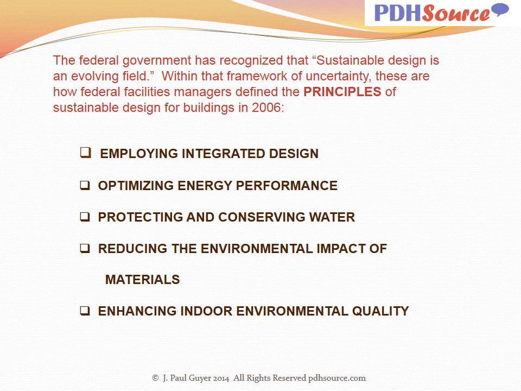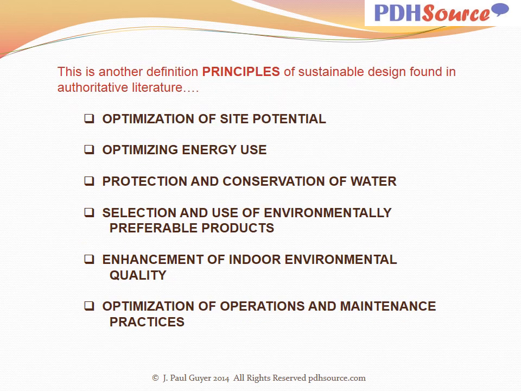And again, I think they did a good job of addressing this issue at a high level. Now, there is a second list of principles that has popped up in the literature that is pretty similar to that which was produced by the federal task force, and it looks like what you see on this slide.